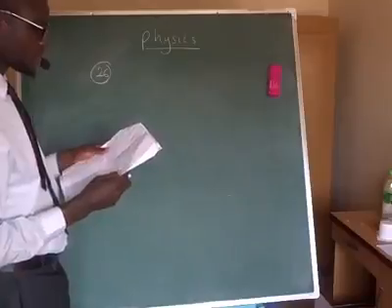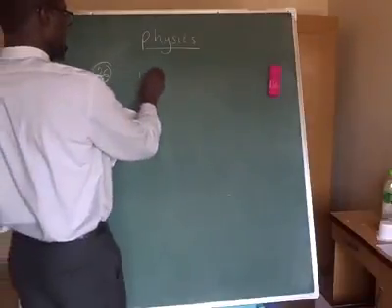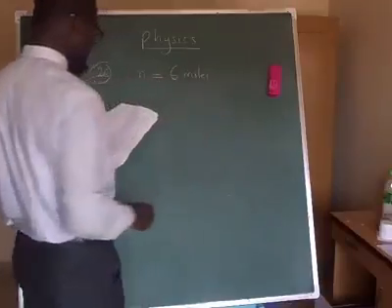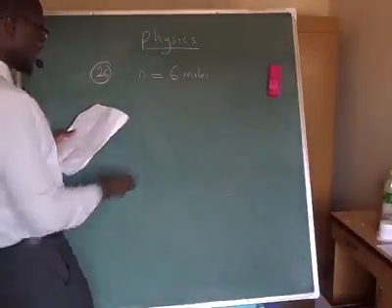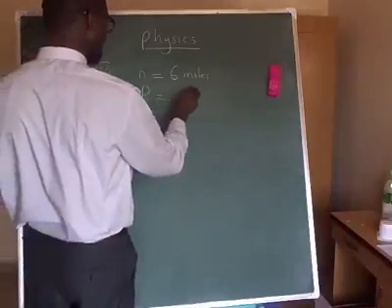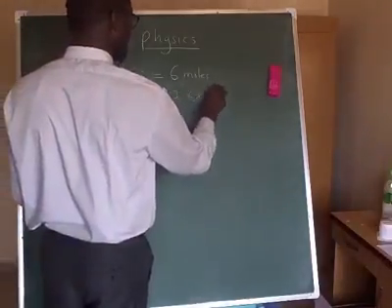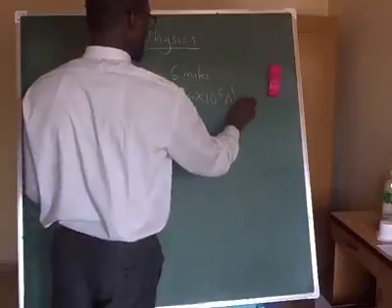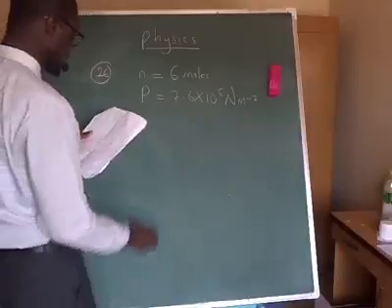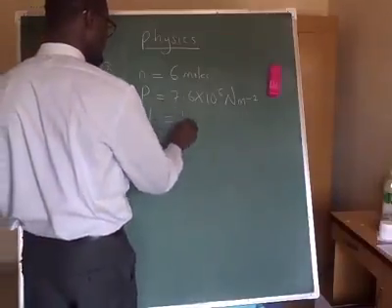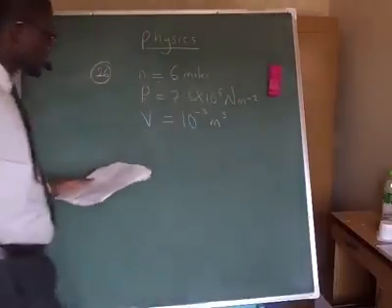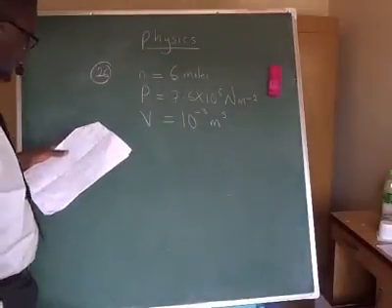Number of moles is 6, pressure is 7.6 exponential 6 Newton per meter squared, and volume is exponential minus 3 meter cube.